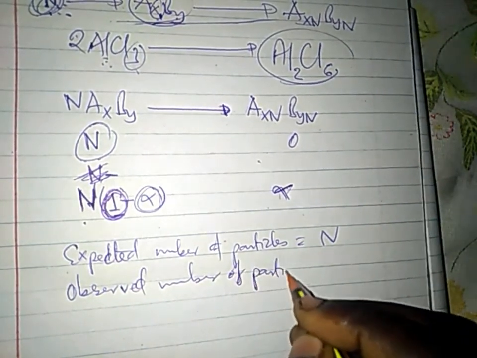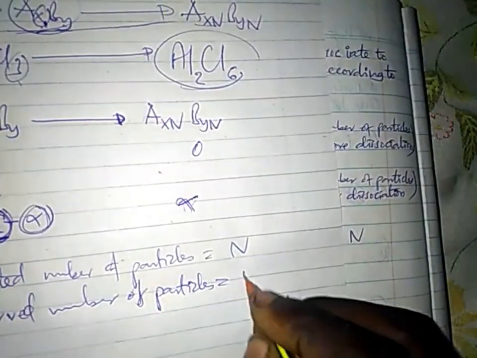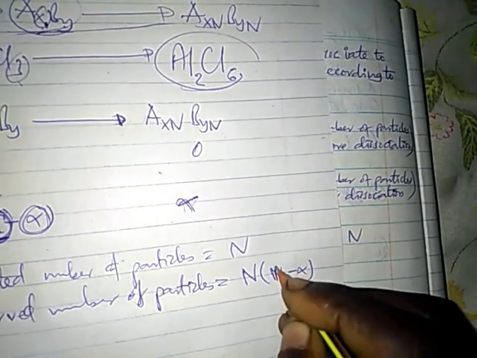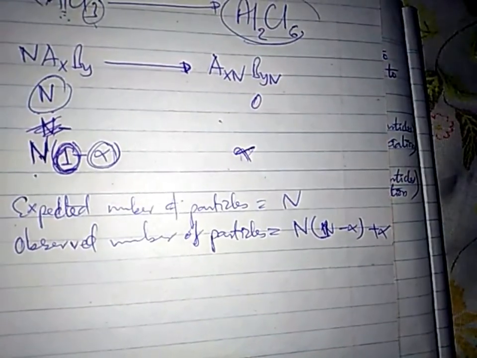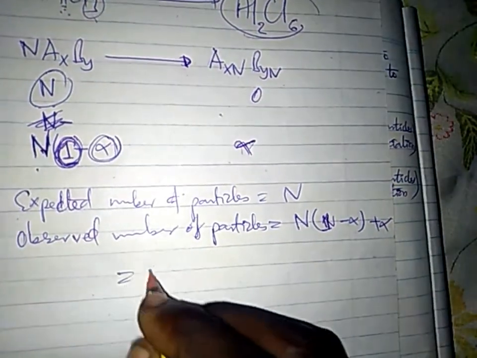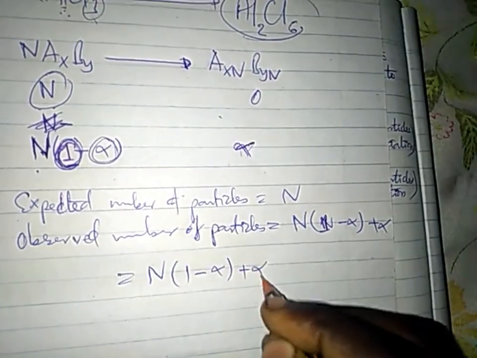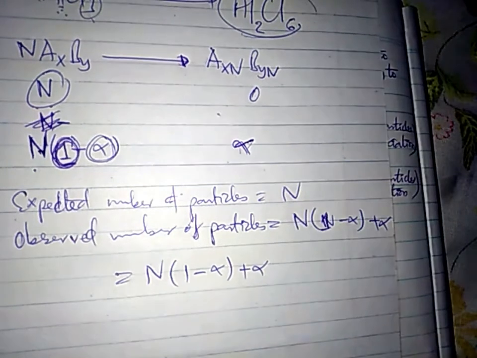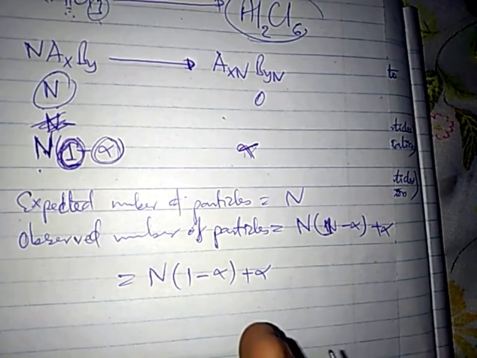Observed number of particles itakuwa sana n yule pale, then n minus degree of this, I mean 1, then plus. So ukiangalia hapo vizuri itakuwa ni n 1 minus degree of dissociation plus degree of dissociation. So actually ni kama tunaweza kuiacha hivyo hivyo, inaweza kabaki hivyo hivyo.